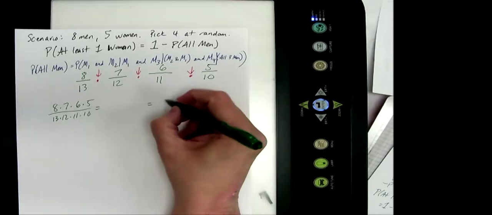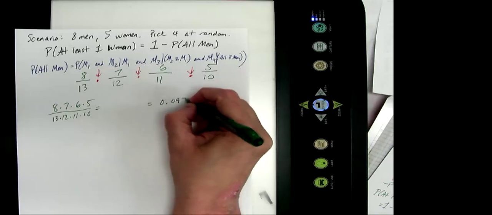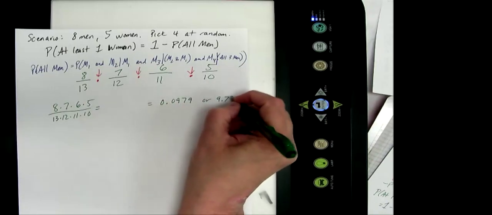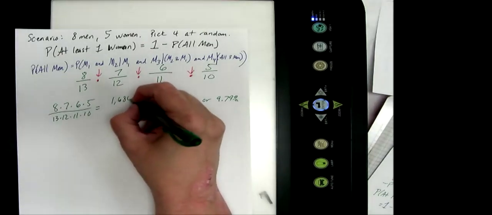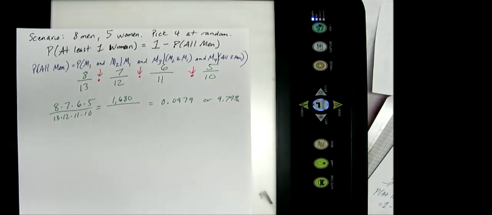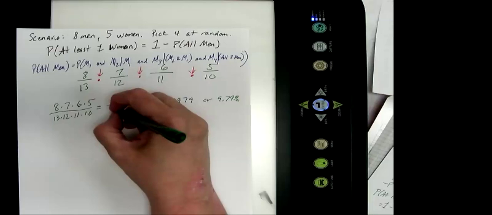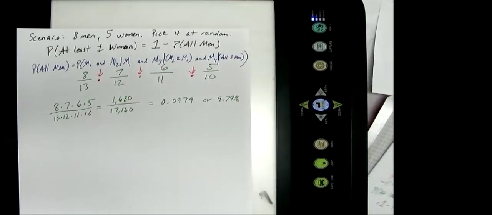I'll do the fraction in a second, but the decimal is 0.979, or 9.79%. Is that the answer I wanted to find though? No. I wanted the probability of at least one woman.